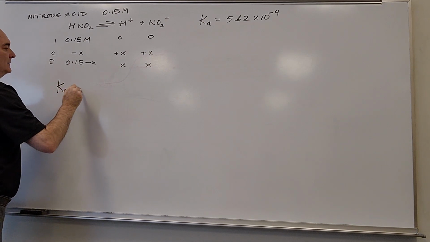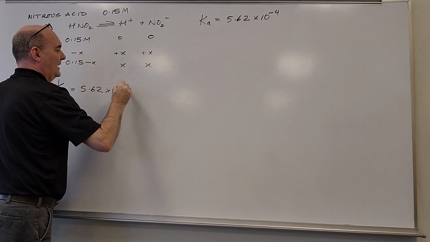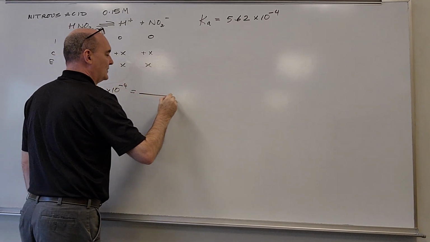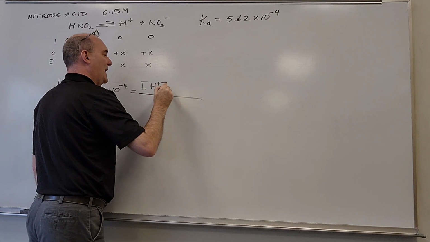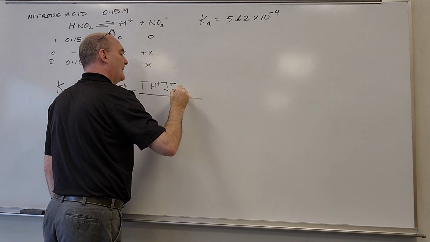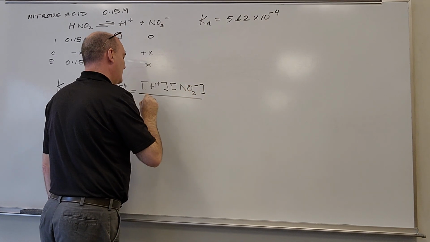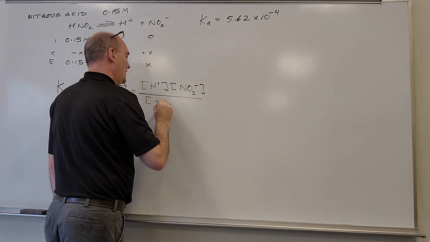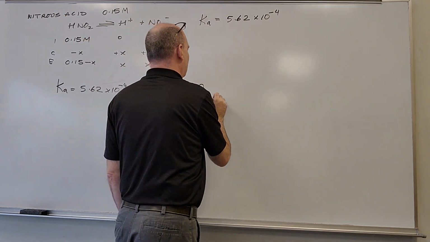Ka is 5.62 times 10 to the negative 4, which is equal to the concentration of the products divided by the concentration of the reactants.